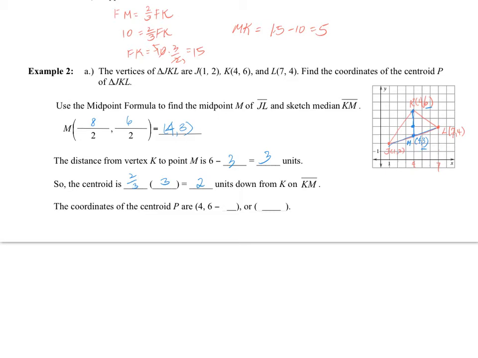So the coordinates of the centroid P are 4, 6 minus 2, which is just 4, 4.